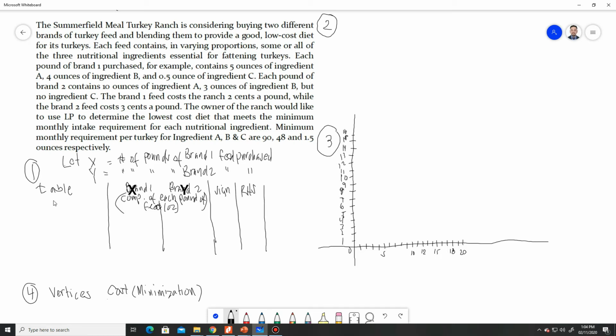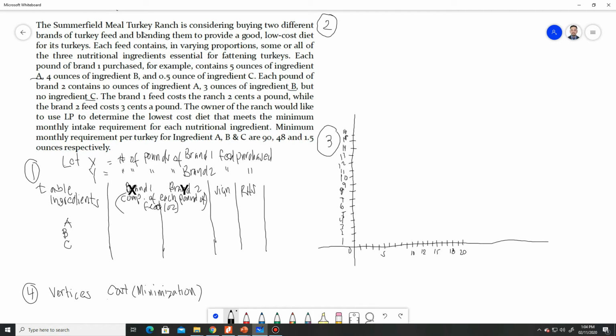In our constraints are the ingredients. We have ingredients A, B, and C. And the last row will be our objective.